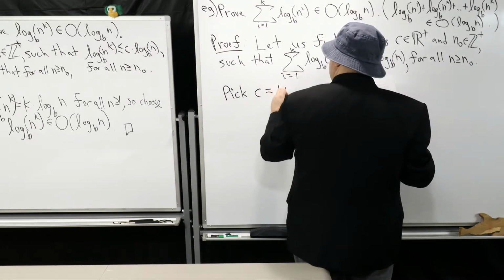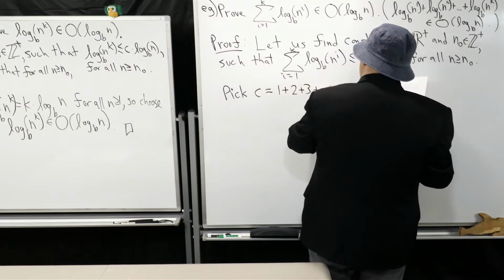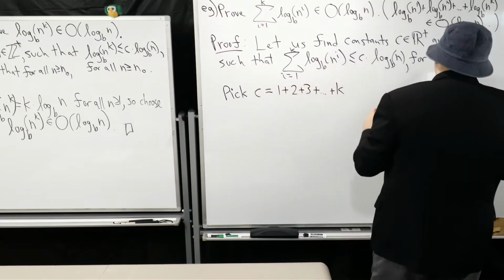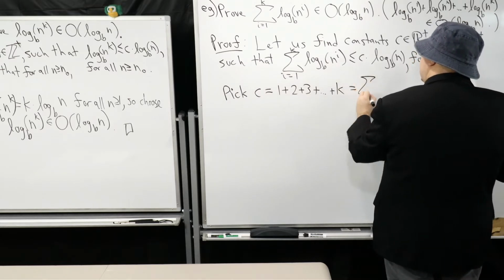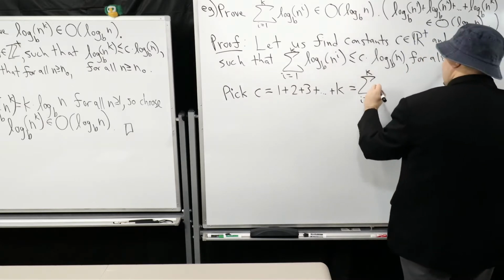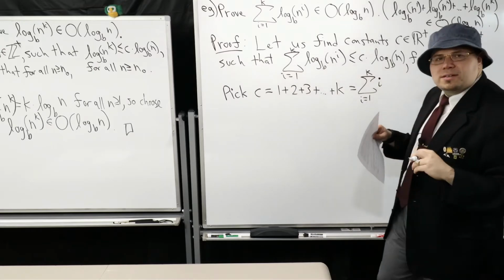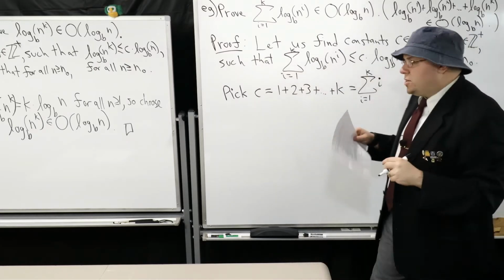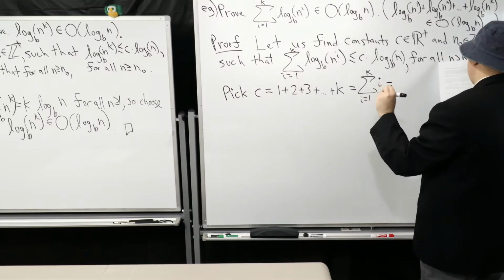I'm going to pick c equal to 1 plus 2 plus 3 all the way up to plus k. Now, if you're handy with your summations, you know that this is just the sum from i equals 1 to k of i. And you might recognize this finite series. This is the arithmetic series, which actually has a closed form expression.